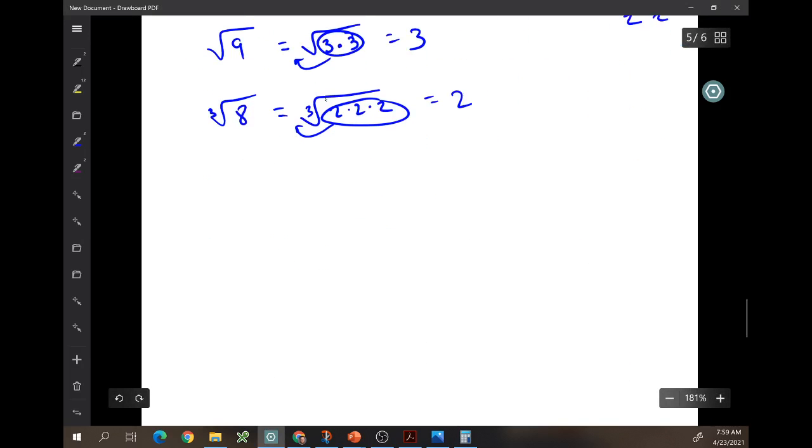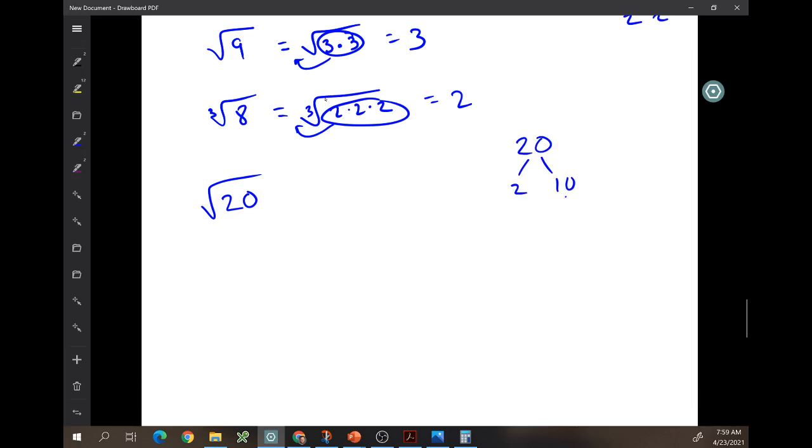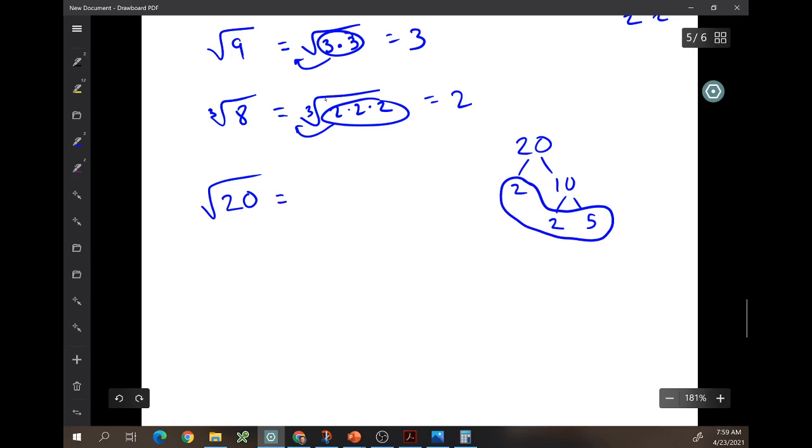But sometimes we have numbers that are not on our chart. So we might have something like, say, the square root of 20. In the square root of 20, we're going to do the same process. We're going to make a factoring tree. This is 2 and 10. And then from 10, we can go to 2 and 5. So we're just making this prime factoring. And so now we have the square root of 2 times 2 times 5. Now, I do have a pair of 2's, and we can take this out to the outside. Remember, when we took our pair of 3's out, it was just 1 3.